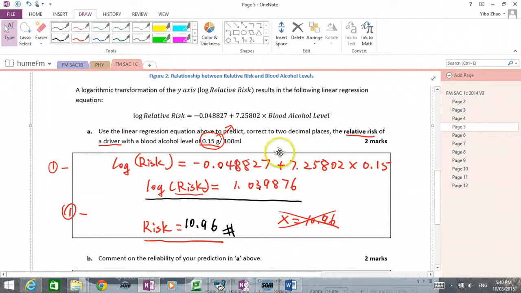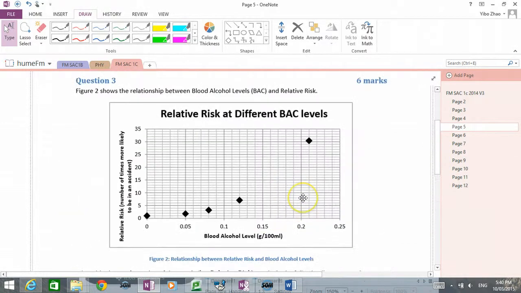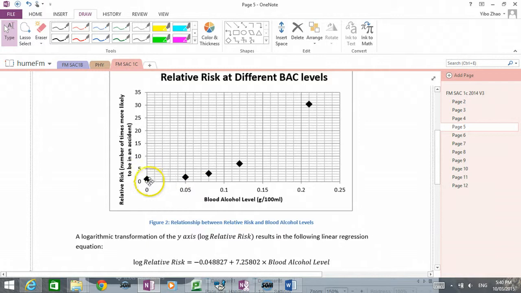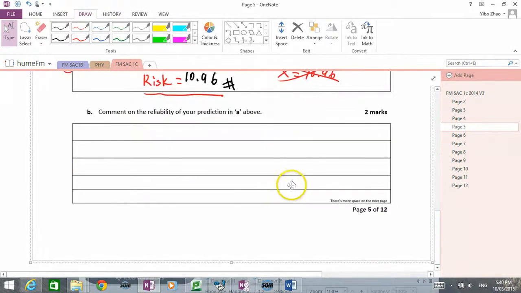So the x value in there is 0.15. So let's look at the data. The data is from 0 to 0.2. 0.15 is going to be somewhere there. So what we say is, this is interpolation.